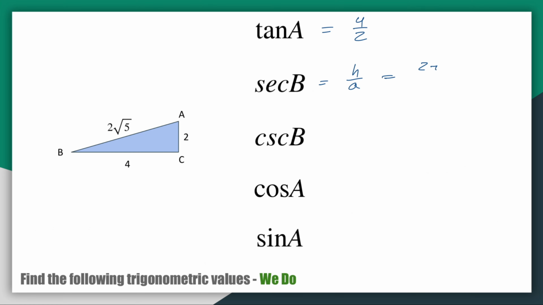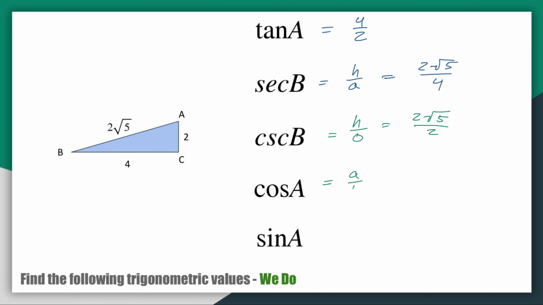So it's 2 times the square root of 5 over 4, which can be simplified, but I'm not too concerned about that. Cosecant of B. Remember, cosecant is the reciprocal of sine, so that's hypotenuse over opposite. We have B as our reference angle, so the hypotenuse is still here. Opposite is 2, so that's 2 times the square root of 5 over 2.